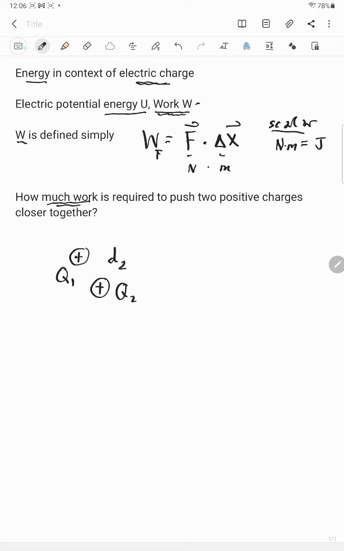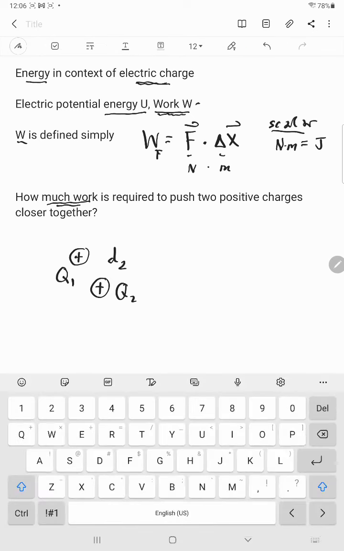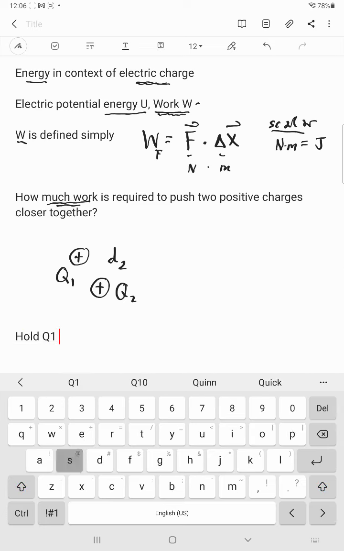So in order to have a lot of control, let's set ourselves up with a very carefully described problem. So hold Q1 still and move Q2, right? So let's do that.